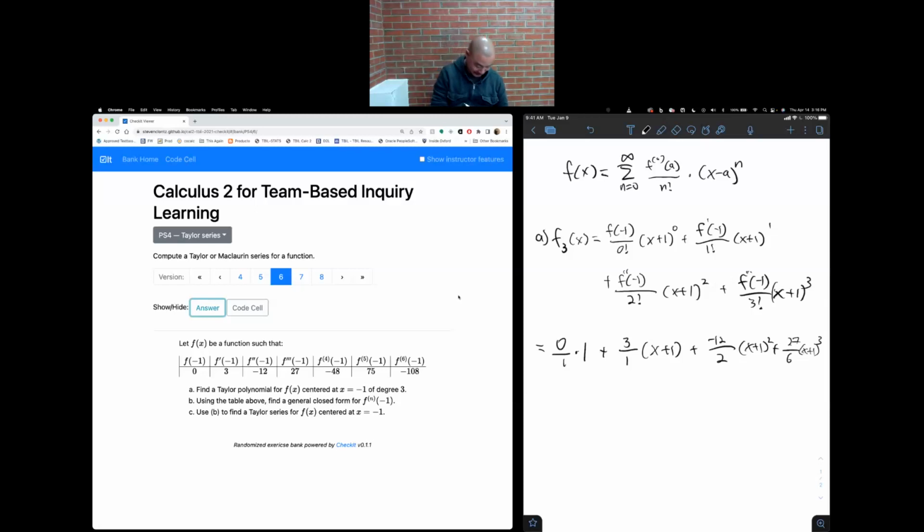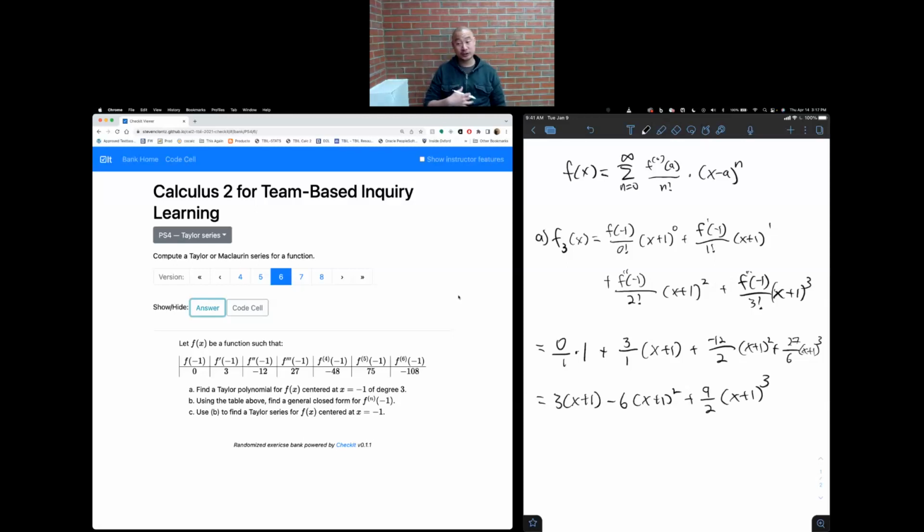times x plus 1 cubed. So this gives us 0, 3 times x plus 1, minus 6 times x plus 1 squared, plus 9 over 2 times x plus 1 cubed.